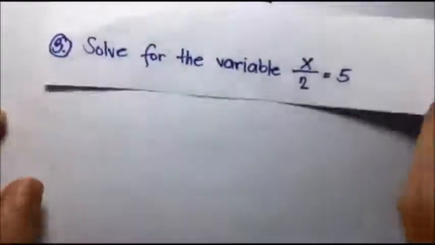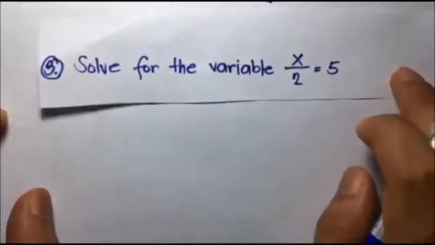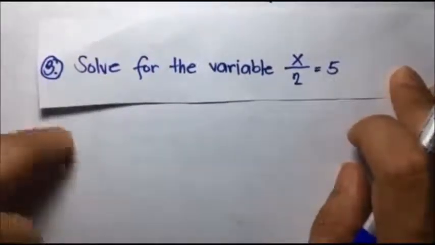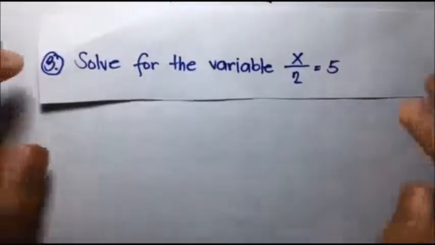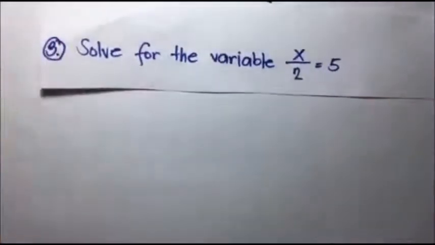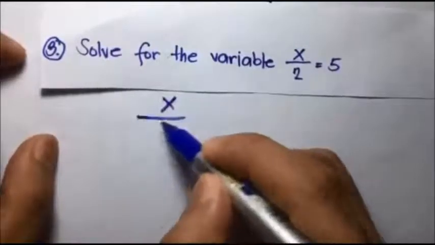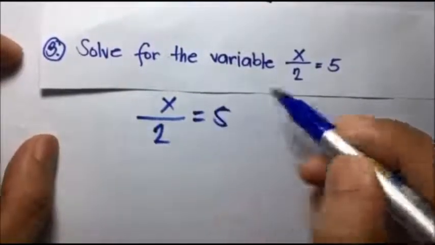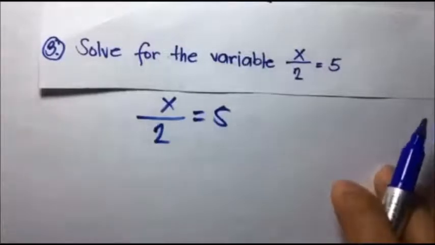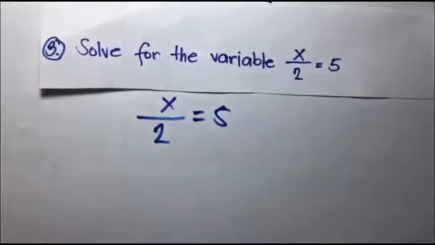Example number 3. Solve for the variable. So our variable is x. We have x/2 = 5. In this example, we are going to apply the multiplication property of equality.